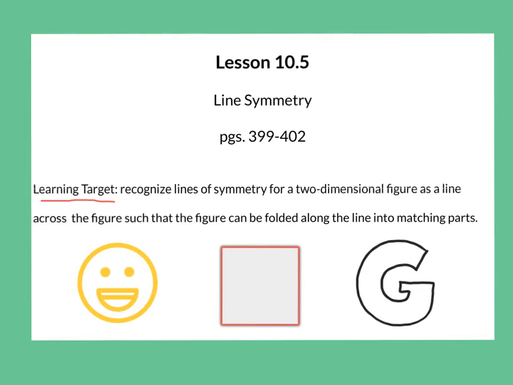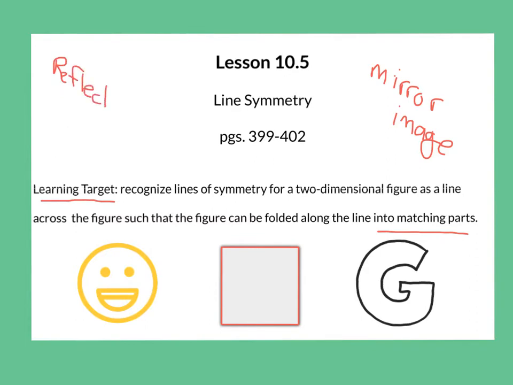Essentially, a line of symmetry is a line across the figure such that the figure can be folded along the line into matching parts. Sometimes when you see matching parts, it means a mirror image or even a reflection.